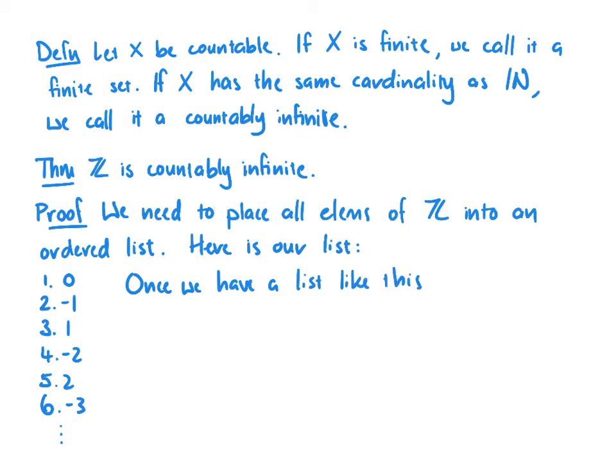So, once we're able to place the elements of Z into an ordered list like this, there's a bijection that maps each integer to the natural number that it's labeled by.